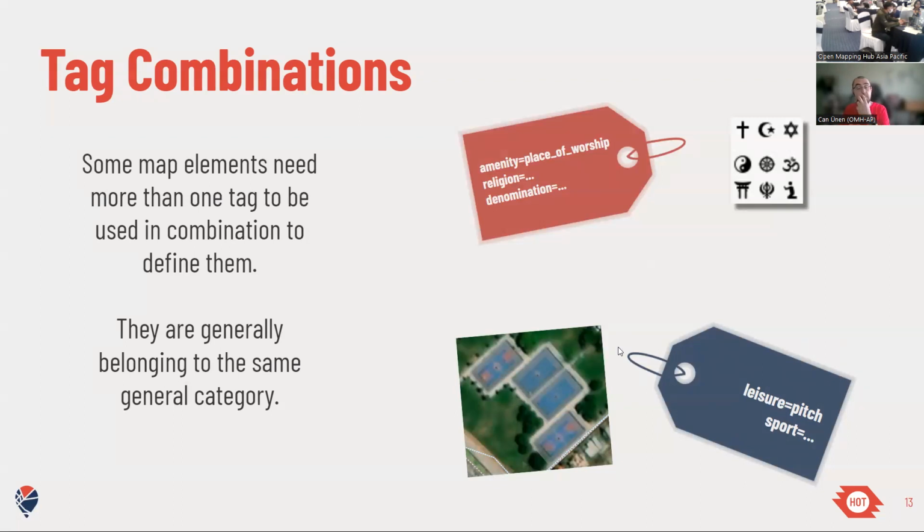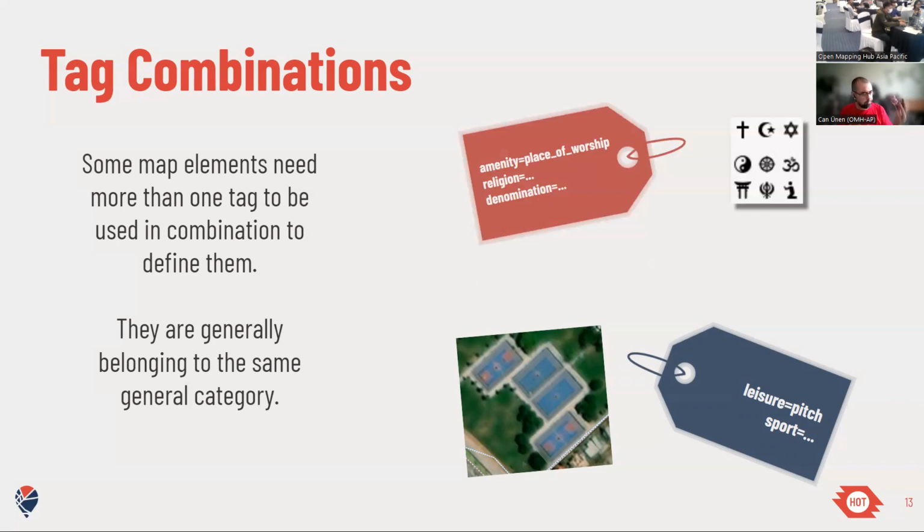So again, those objects are represented with multiple tags, with a combination of tags. We also have that sometimes in OpenStreetMap. And if you are looking for that specific object, or if you are going to add that specific object, you need to be aware of those tagging combinations.